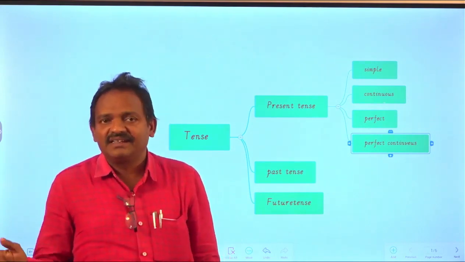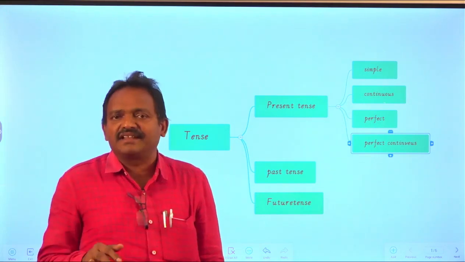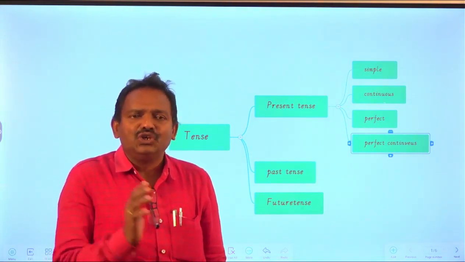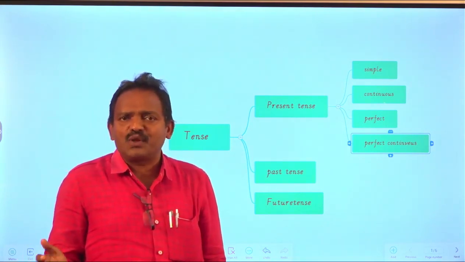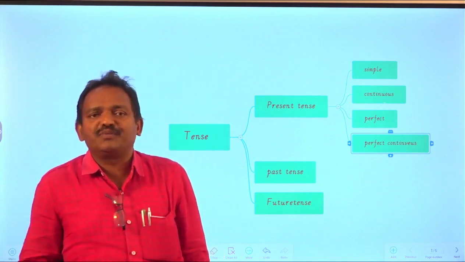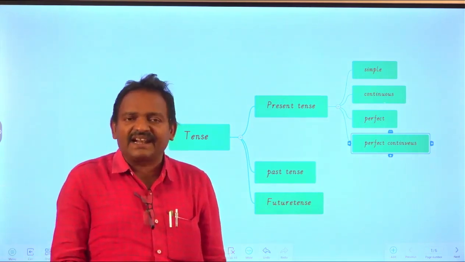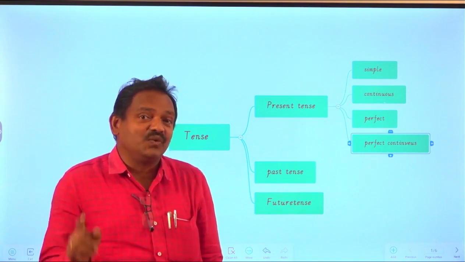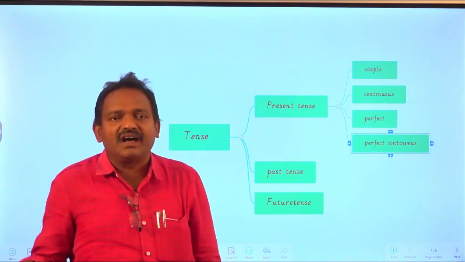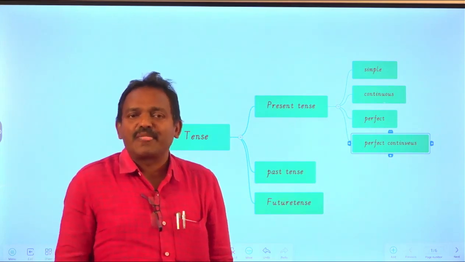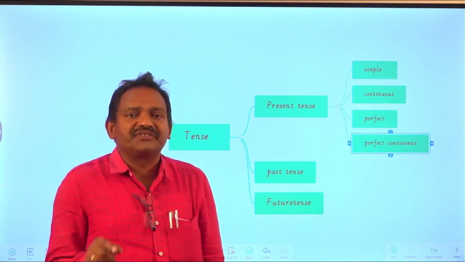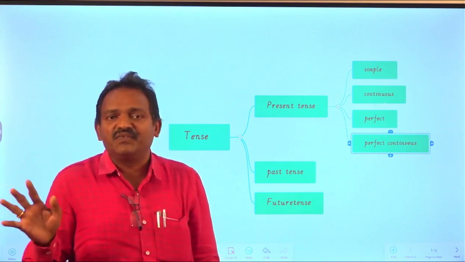Generally there are persons in the English language: I, we, first person; you, second person; he, she, it, third person singular; and they, third person plural. For first person, I and we, use shall only. For the remaining, we use will. So in the future tense, the shape of the verb is will or shall plus V1.